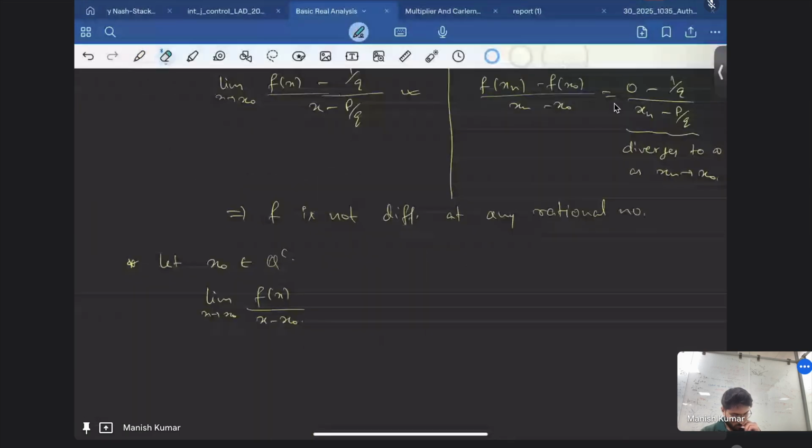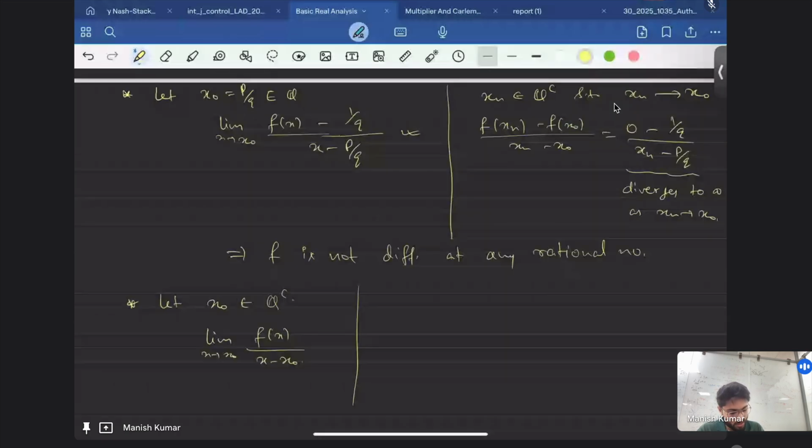If I take x_n from the irrationals, then the numerator is going to be 0 and hence you will get 0. And what if I take something from the rationals?